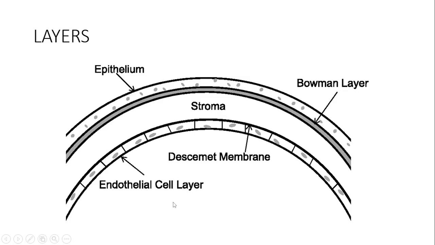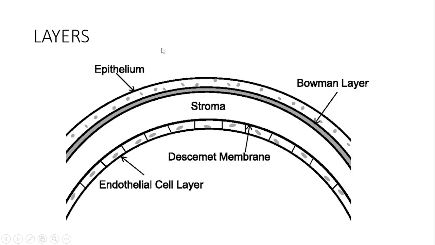So the endothelium acquires oxygen from the aqueous humor. Not only the endothelium, but the posterior half of the cornea may gain from the aqueous humor, specifically oxygen.